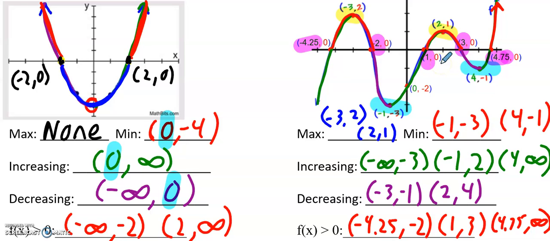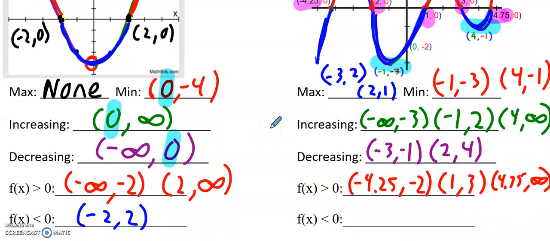Then I'm below 0, where the graph is below the x-axis, here and here. Again, these have to connect with the x coordinates that were above.